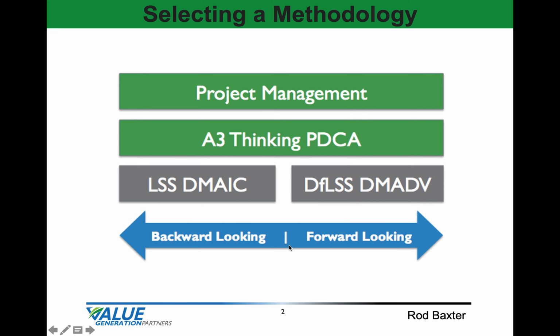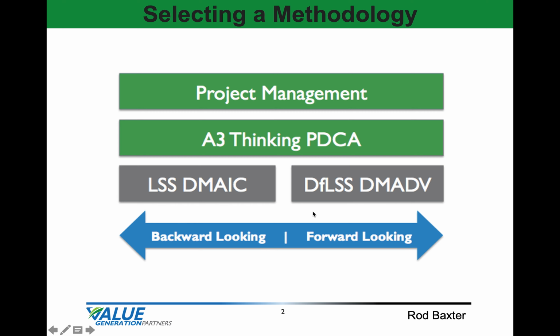So let's look at this from the perspective of forward-looking and backward-looking. Lean Six Sigma DMAIC is a backward-looking methodology. It looks at defects that have already occurred. If there is a problem, we may use Lean Six Sigma DMAIC to solve that problem and implement solutions. Design for Lean Six Sigma DMADV is forward-looking.